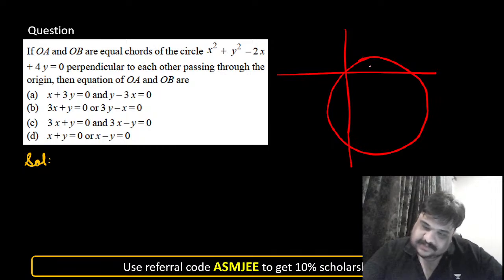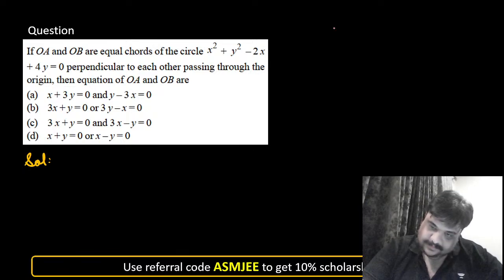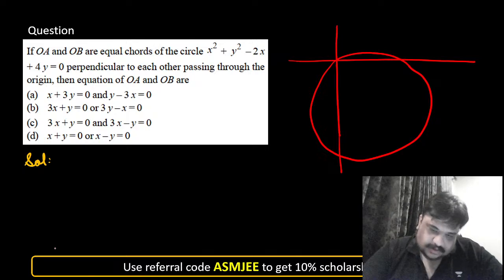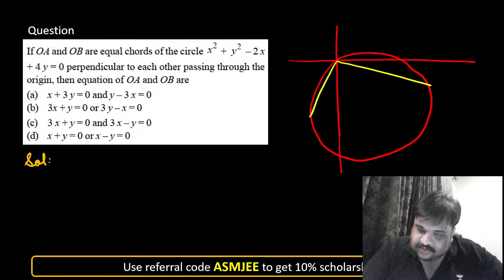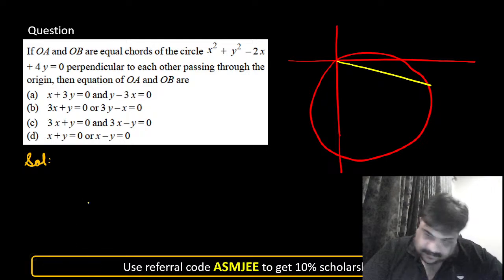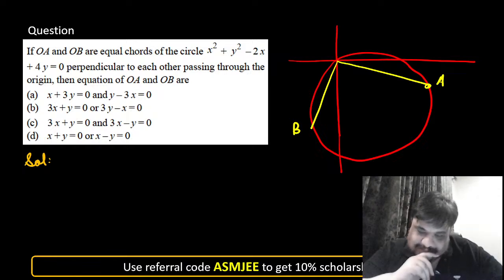Let's draw an even better diagram. So there are two perpendicular chords OA and OB. This is A and this is B, and they are equal.